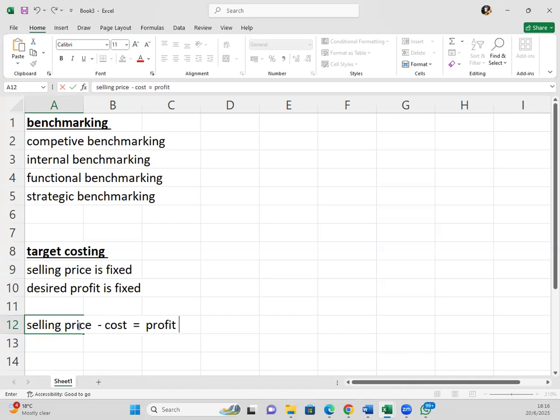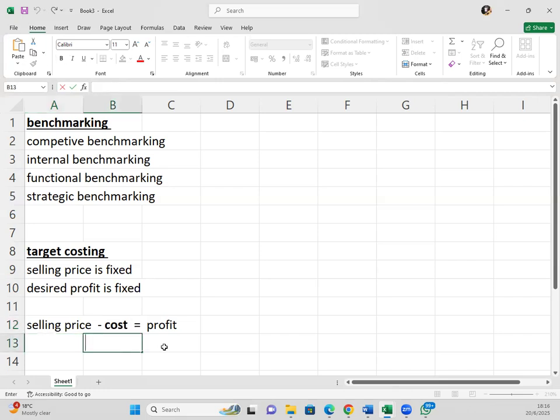So in target costing, we are saying the price cannot be changed and the profit cannot be changed. So what we are able to play around is the cost. So if we want to achieve a certain level of profit, we have to be lowering down the cost because the price cannot be changed and the profit as well cannot be changed. So the only variable item we can play around is the cost.